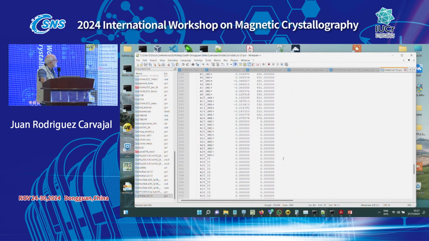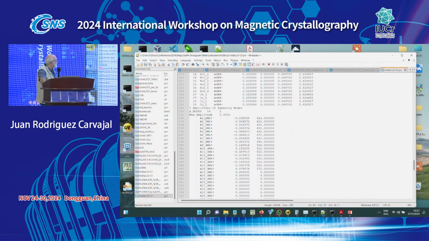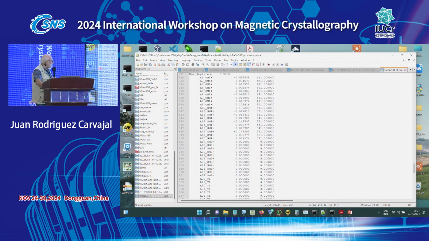And here you see that I have refined the crystal structure because the case I'm using here is not time of flight, it's D1B. In time of flight you can put more, but you obtain nearly the same. Here we are using the symmetry modes, which are displacive, that correspond to small departures with respect to the parent structure that we use, because we are at a lower temperature.